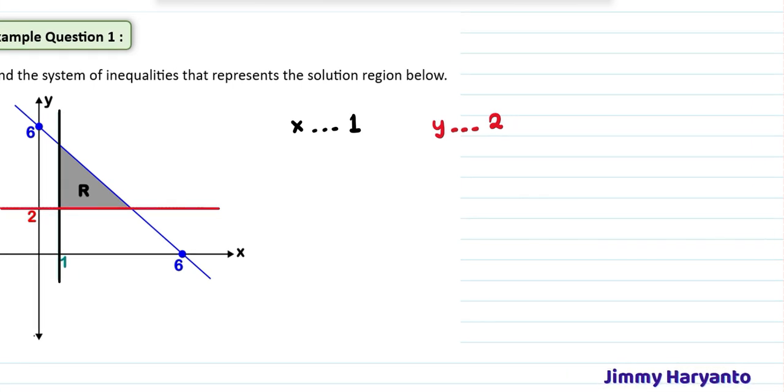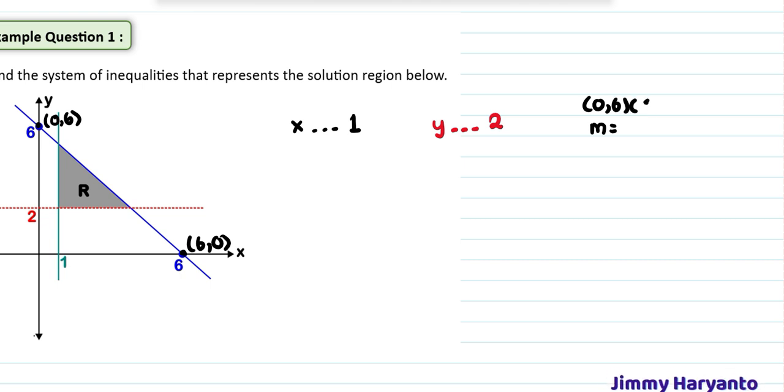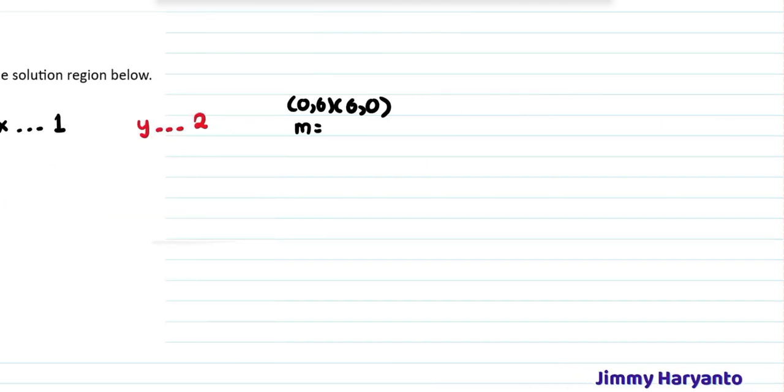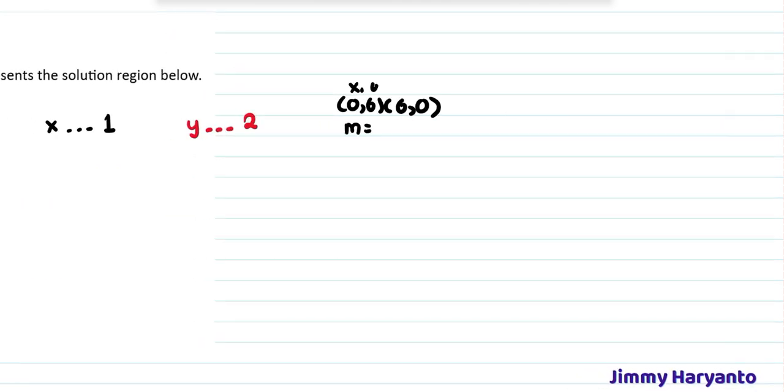For the third one, the blue line, I will choose two points. First is 0,6, and the second is 6,0. Let's use the formula. First, you have to find the gradient. This one is x1 and y1, this one is x2 and y2.